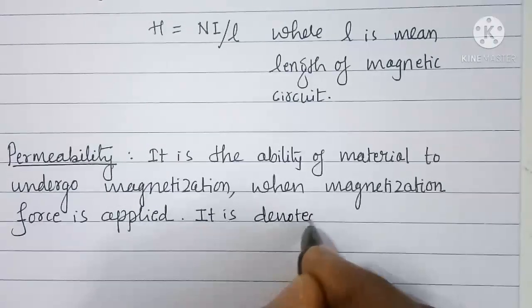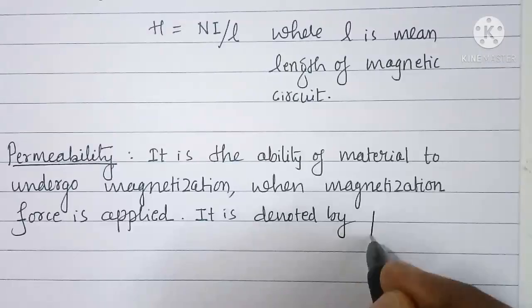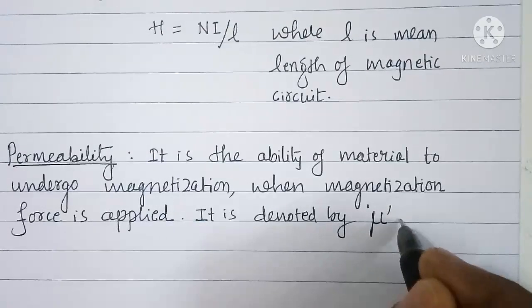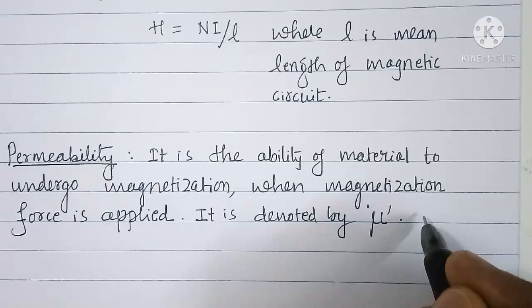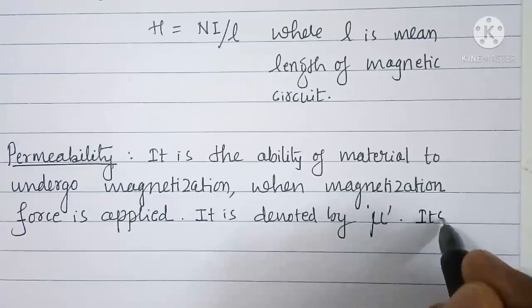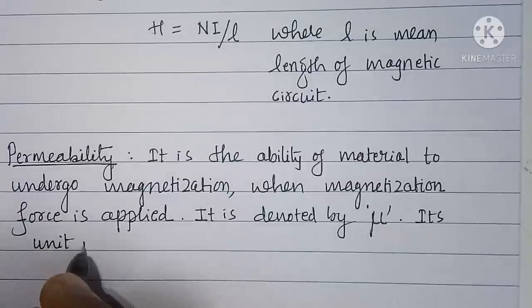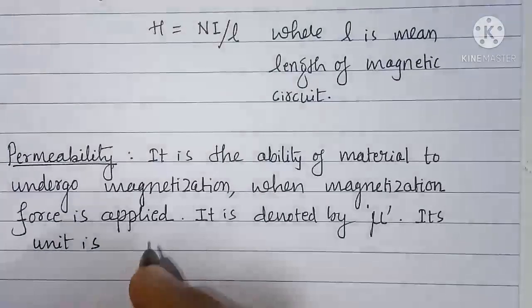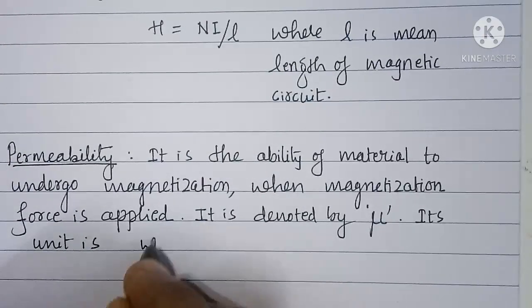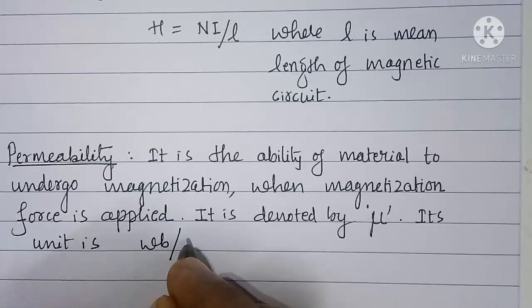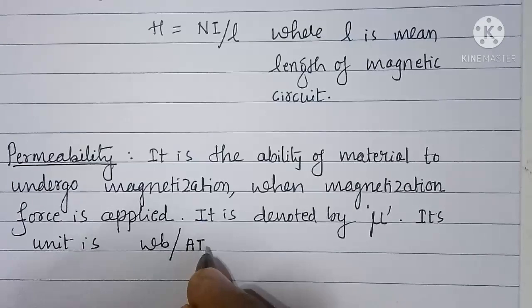It is denoted by mu. Its unit is Weber per ampere turn into meter.